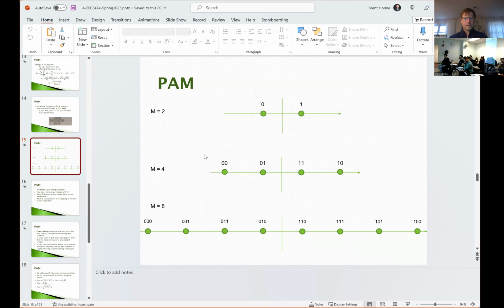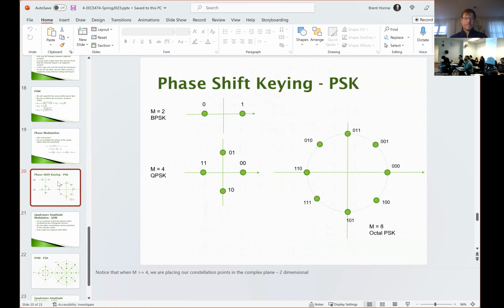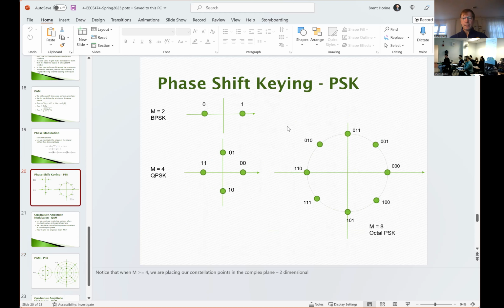Okay, so PAM is along the real axis only here, and so we can describe that. But when we looked at PSK constellations, we see now we're actually moving around the complex plane, but still kind of one dimension, because we only have one circle here, right?